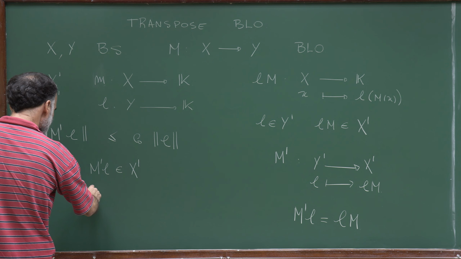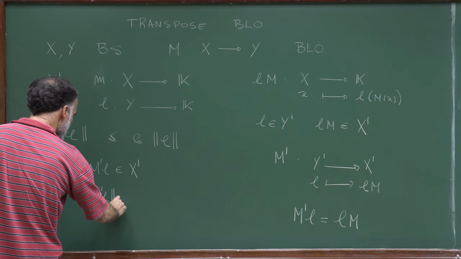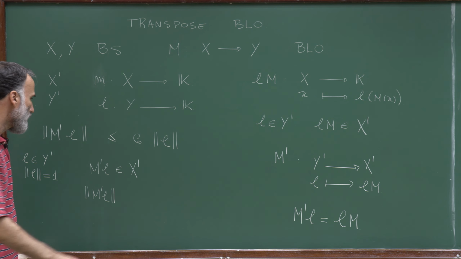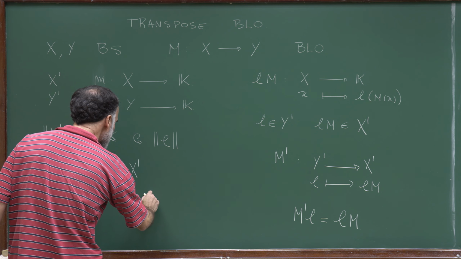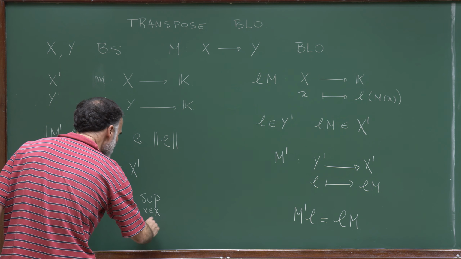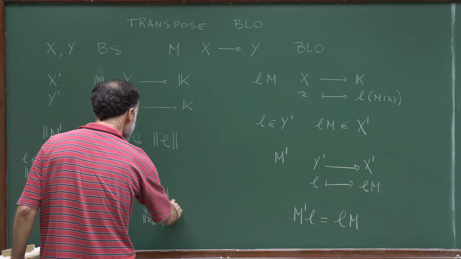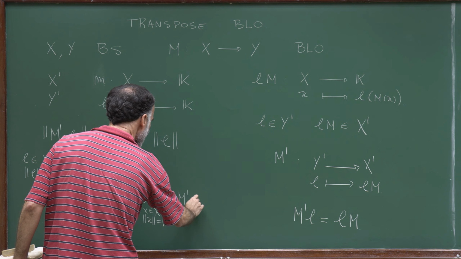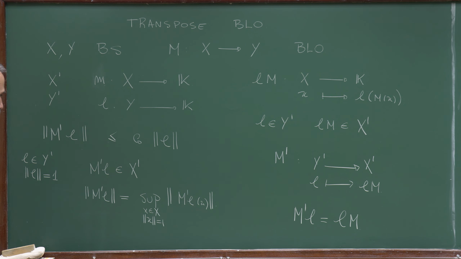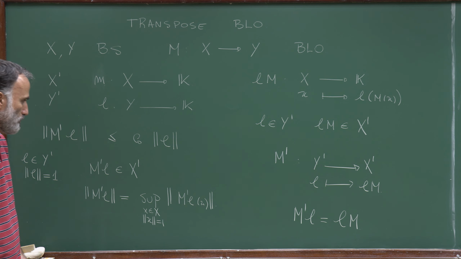Its norm, as a bounded linear functional on X, as an element of X prime, is given by the supremum over all x in X whose norm is equal to 1 of the absolute value of M prime L at x. So this is, by definition, the norm of an element of X prime.